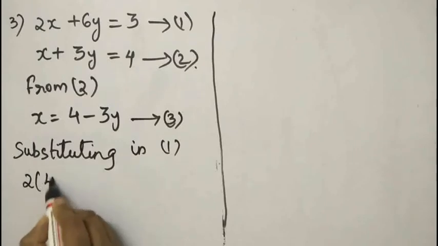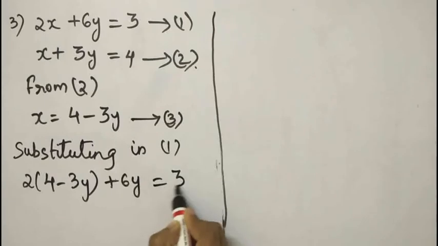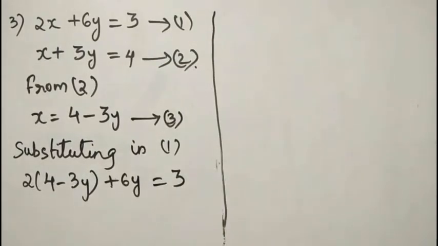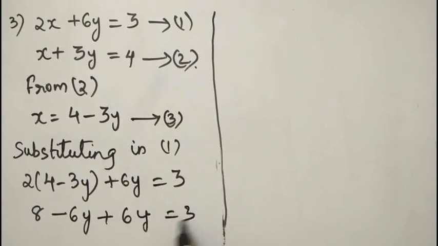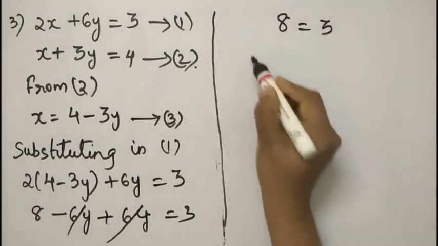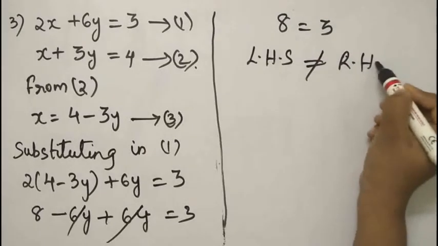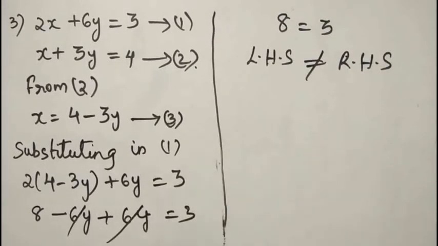So, 2 into 4 minus 3y plus 6y equal to 3. 2 into 4 is 8. 2 into 3 is 6, plus into minus is minus, 6y, plus 6y equal to 3. These two get cancelled. So, we got 8 equal to 3. So, we got LHS not equal to RHS. This means they are parallel lines and they have no solution.